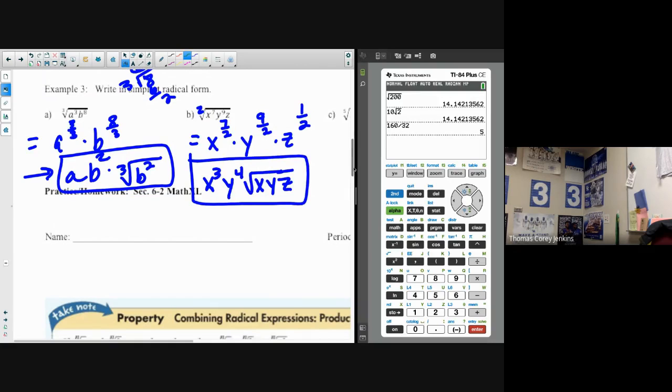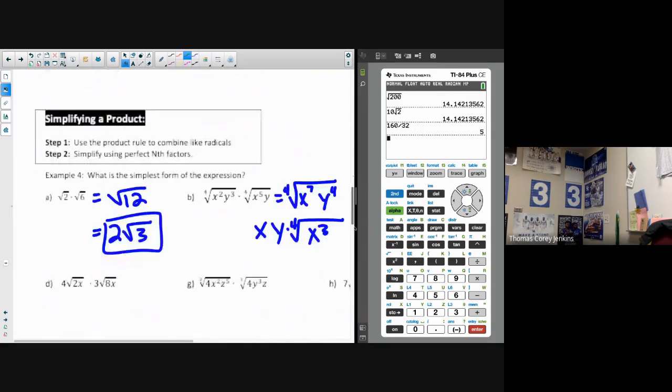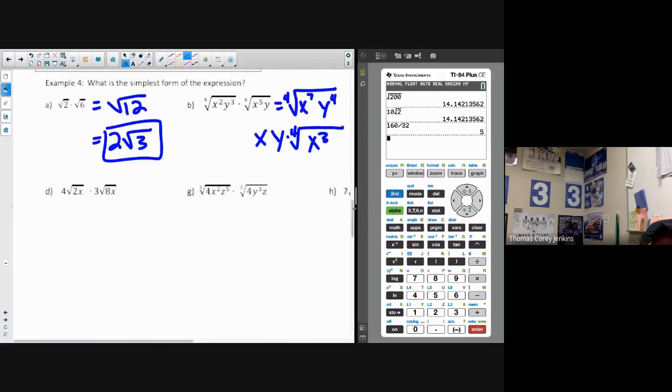So not even, odd. Here, though, when we think about simplifying, that's where you think about it from. We had even, and then 1 is odd, right? So we do need those absolute value bars around the y. So x times the absolute value of y times the fourth root of x cubed.